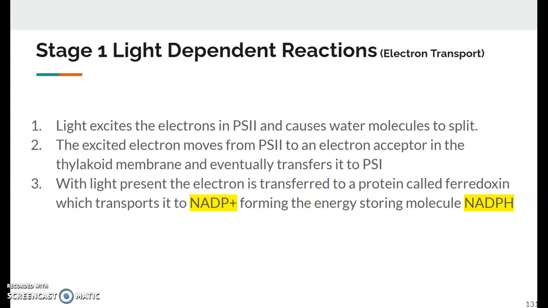Right? With light present, the electron is transferred to a protein called ferredoxin, which transports it to NADP+, forming the energy storage molecule NADPH. Right? So ATP is not the only molecule that stores energy.